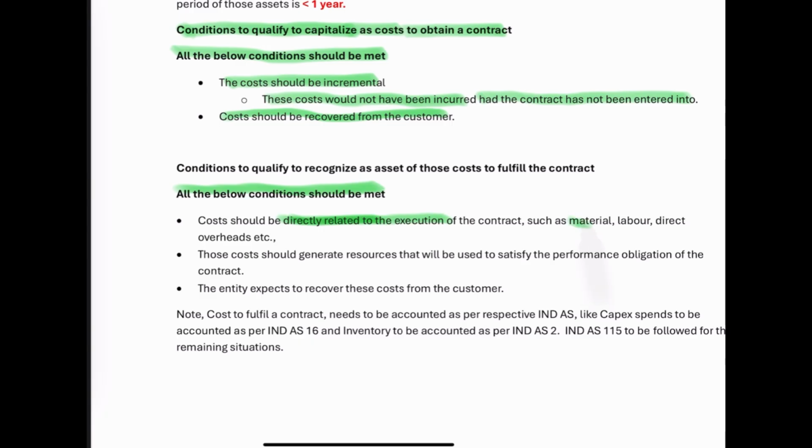The examples could be direct material, direct labor and overheads. Two, these costs should generate resources that will be used to satisfy the performance obligation of the contract. So these are the costs incurred to satisfy the performance obligation of the contract. And the third condition is that the entity expects to recover this cost from the customer.